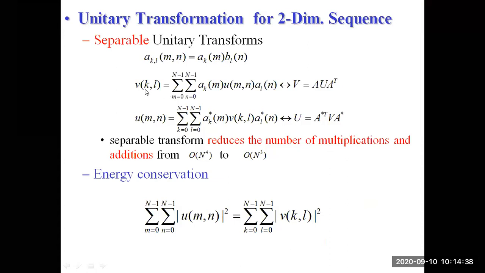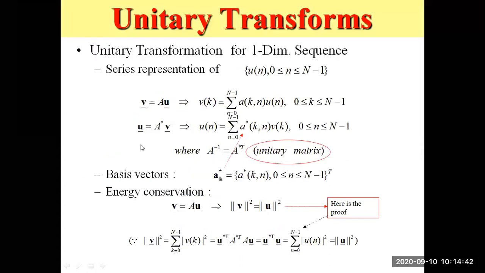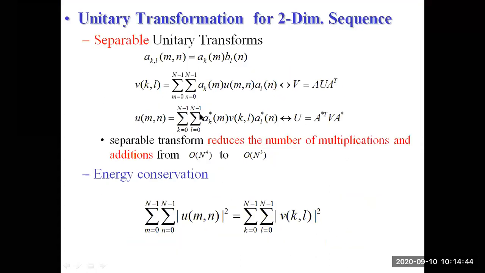As in your previous one, v of k, here instead of v of k we are using v of k comma l, two dimensions. So sigma m equal to 0 to n minus 1 and sigma n equal to 0 to n minus 1, a k of m into u of m comma n into a l of n.